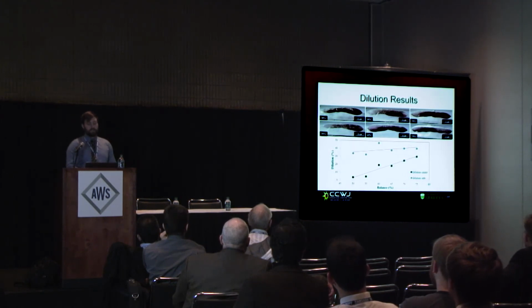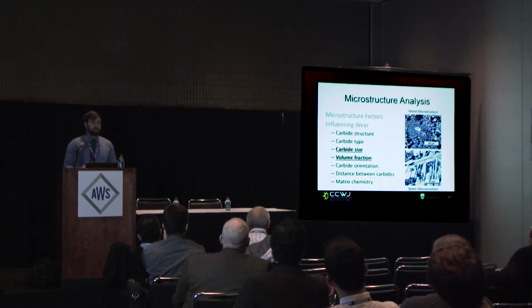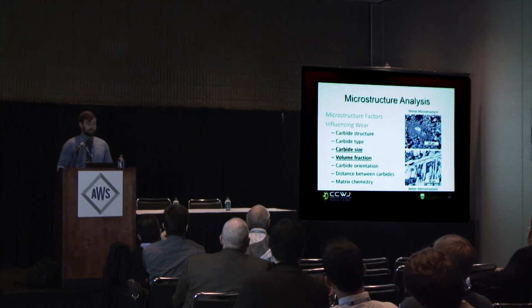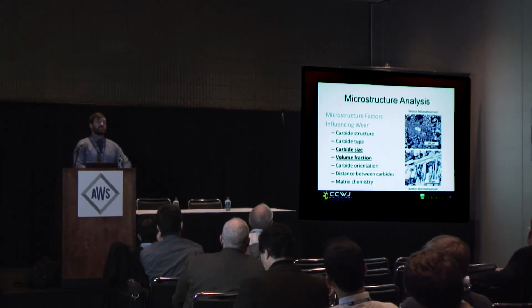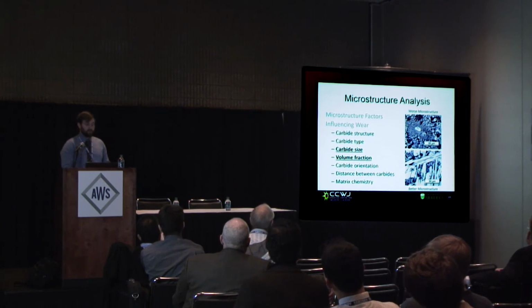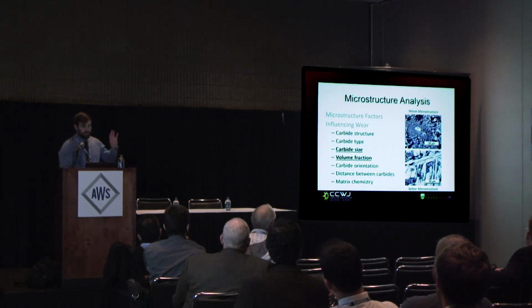Now, the next step was to actually look at the microstructure and see how this changed the microstructure, because that's how we get an indication of whether or not we have made better overlays by seeing what the microstructure has come out as. So there are a number of important factors that play a role in the actual wear of these overlays.